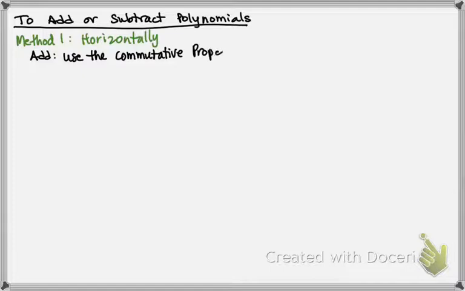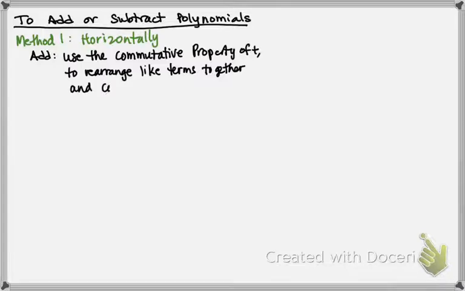We're going to use the commutative property of addition to rearrange like terms together, and then we're going to use the distributive property, and then we're going to combine like terms. And if you remember, that's going to be the coefficients only.